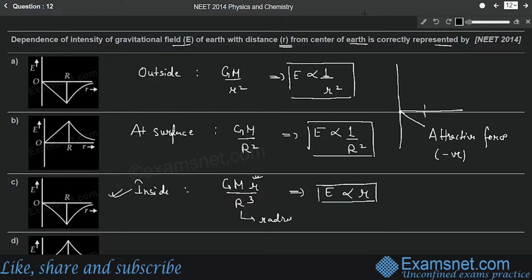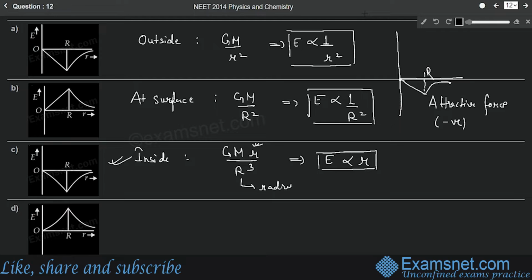Suppose this is the radius R. After that, outside the surface, it will become inversely proportional to the square of the distance, so it will be a curved portion. According to this, the correct graph will be the first one. From here to here it is inside the surface, and from here to here it is outside. So according to the equation, this is the correct graph.